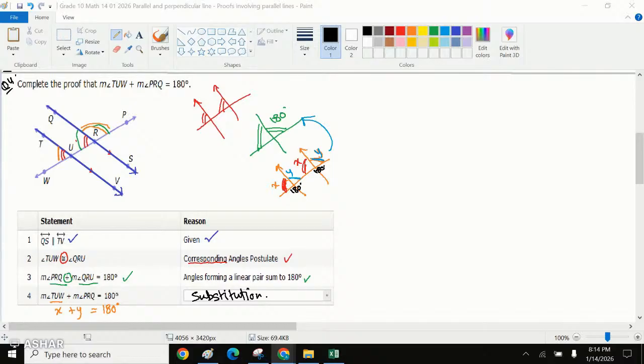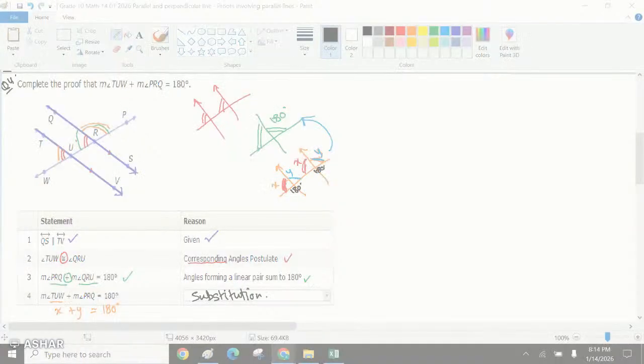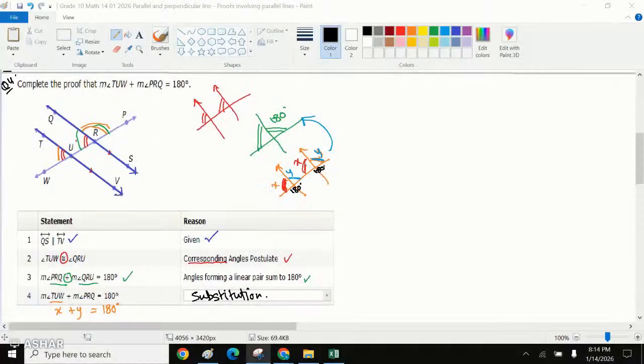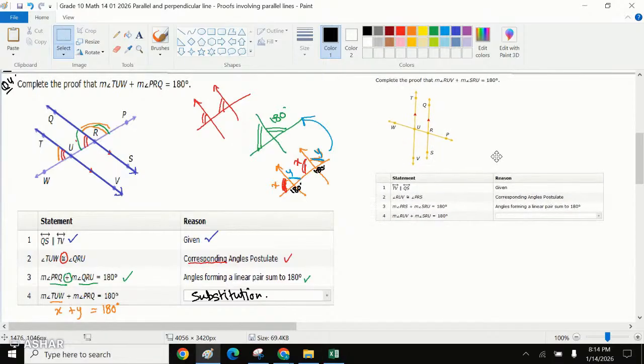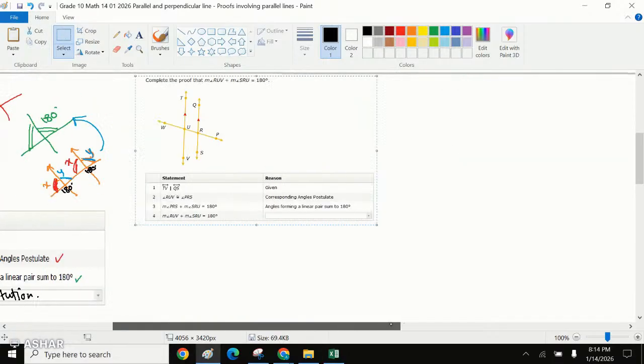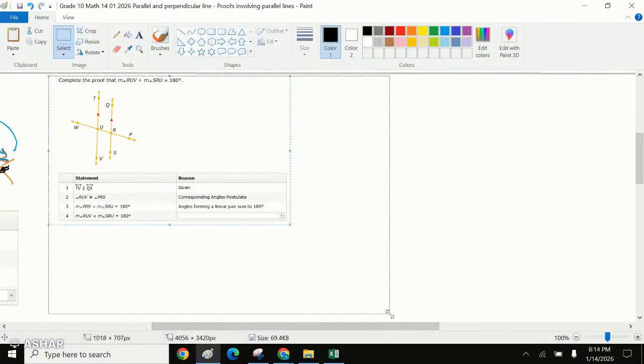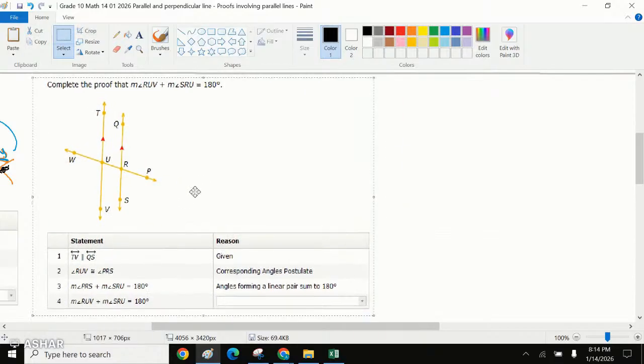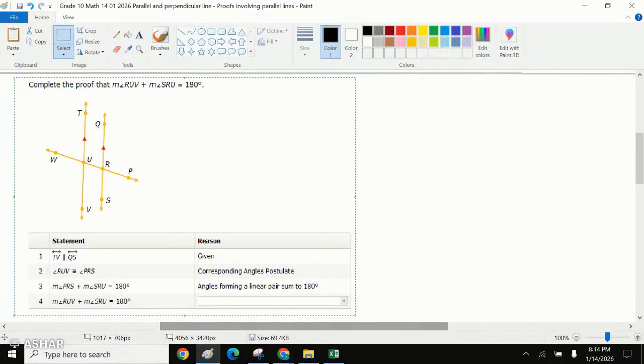Moving on to the next. Okay, let's see next. Question number 5 we have is complete the proof that they are supplementary. Okay, let me just copy this. For question number 5, let's look at the question.